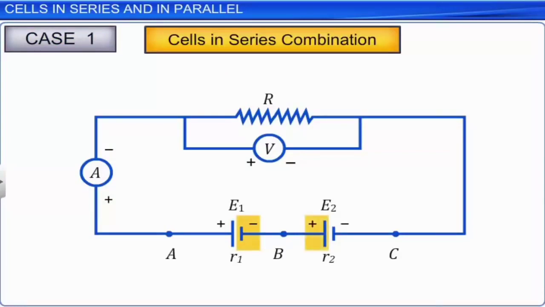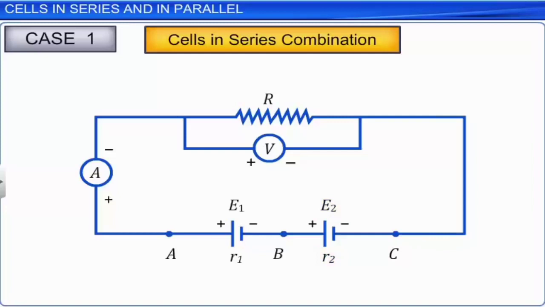E1 is the EMF of cell 1. R1 is the internal resistance of cell 1. E2 is the EMF of cell 2. R2 is the internal resistance of cell 2. The potential at point A is VA.